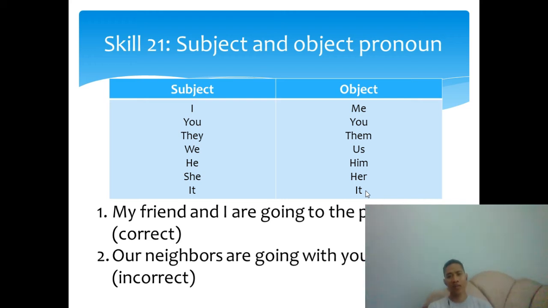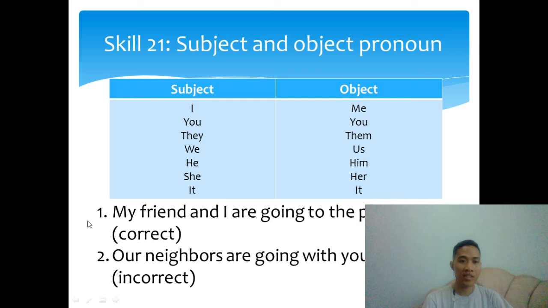How can you identify if they are subject or object? Of course, you need to be able to identify the verb. Just remember, if the pronoun is before the verb, it means that they are subject. If the pronoun is after the verb, it means that they are object.